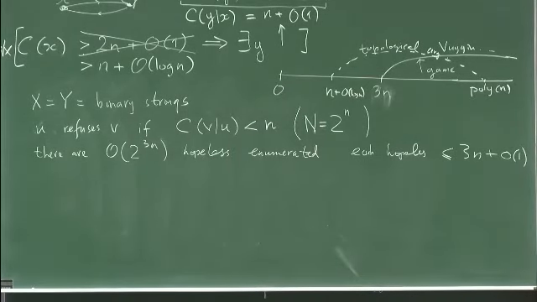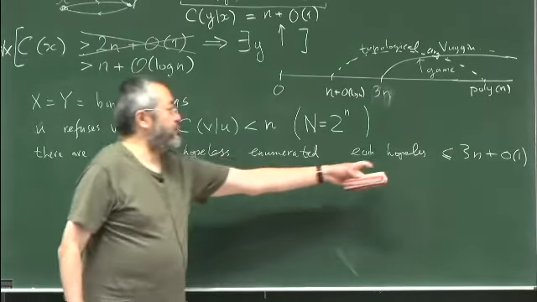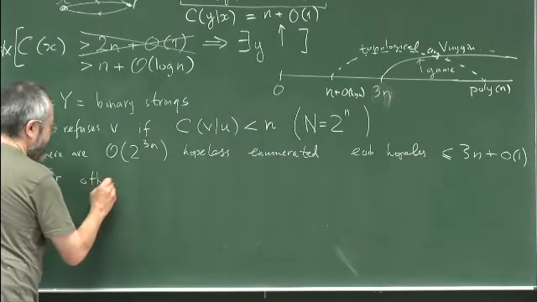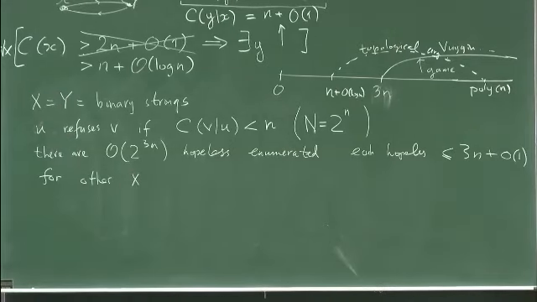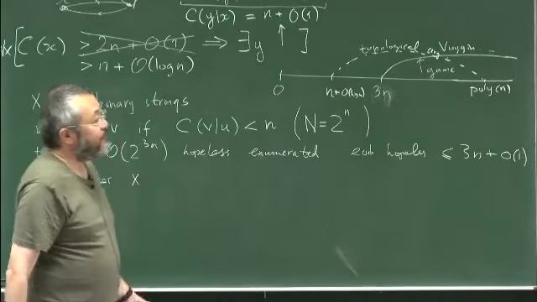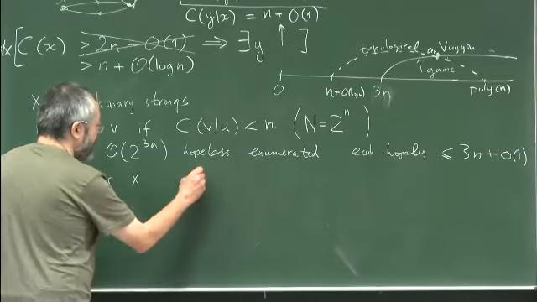And for all other people, for all strings which have complexity more than 3n, not hopeless, there is a final partner. Since there are only finitely many attempts, there is a final partner y.